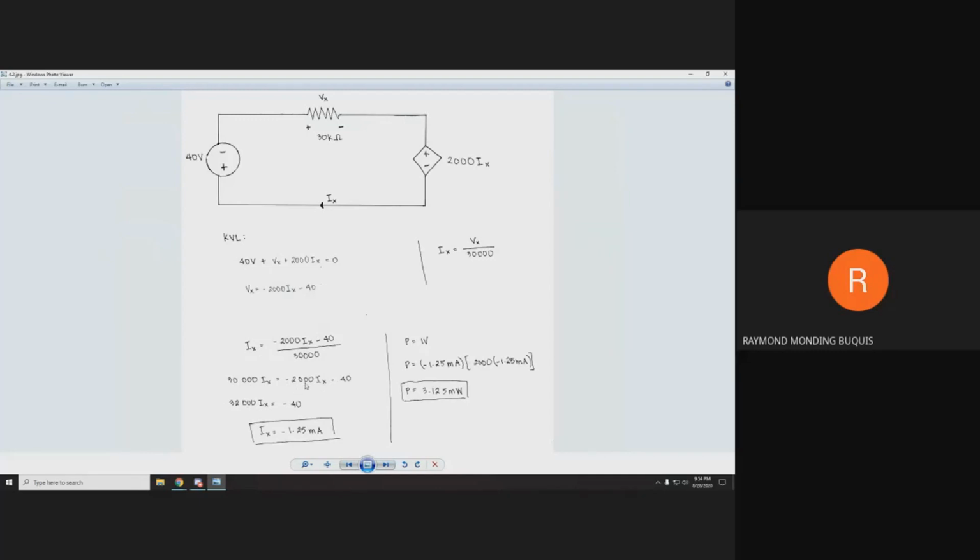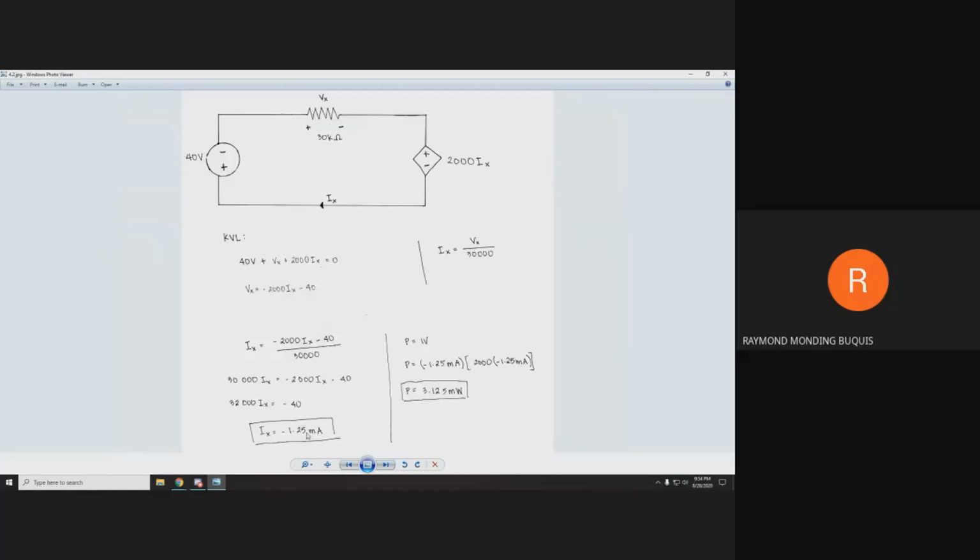So we can add 2,000 Ix to both sides, so the Ix here will be cancelled. Then the left side would be 32,000 Ix. In getting Ix, we divide both sides by 32,000 and we get Ix equal to negative 1.25 milliamps.